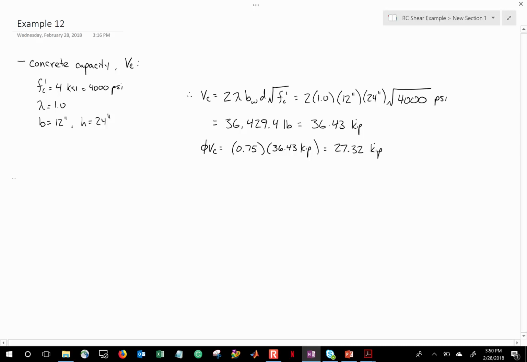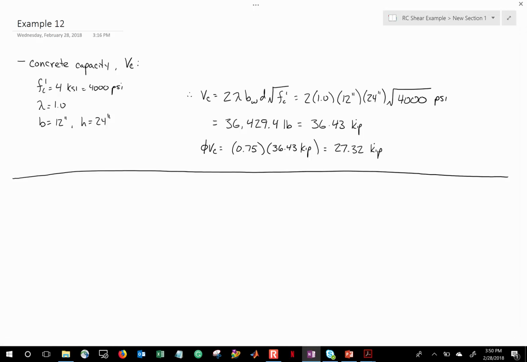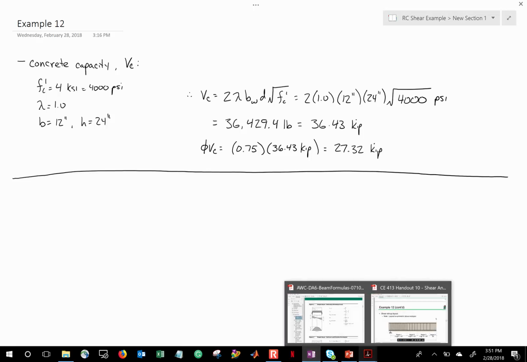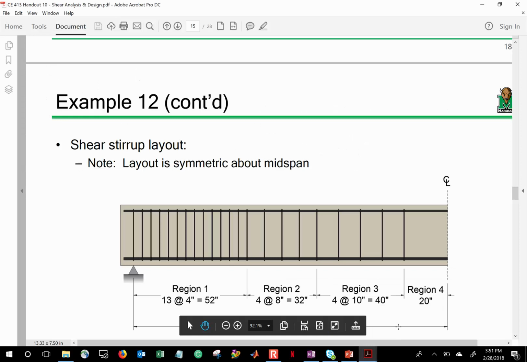Now, to sort of demonstrate something, I'm going to go off to the side, and I'm actually going to look at this from an analysis standpoint. I want to look at the loads on this section. So let's go back to this.